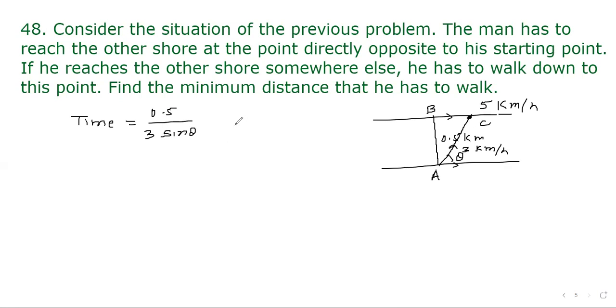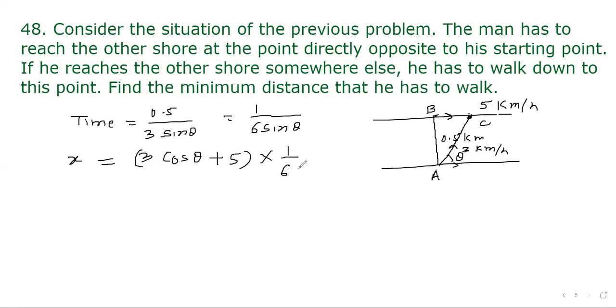Now, during this time, the horizontal distance covered, suppose this distance is x. So x equals speed into time. Speed in this direction will be the speed of the river plus 3 cos theta. So 3 cos theta plus 5 times time. Time we can write as 1 upon 6 sin theta, as we have done in the previous problem.